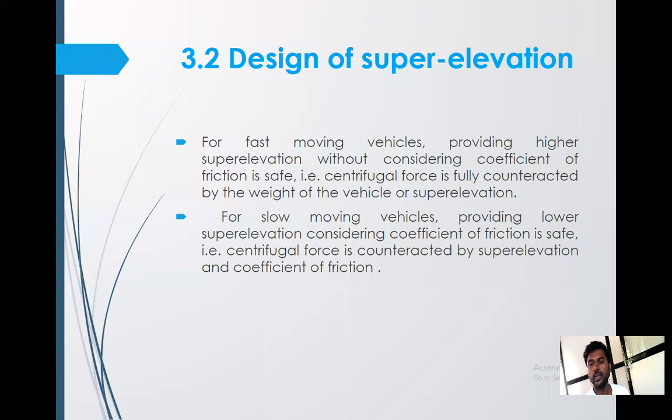For the fast moving vehicle, the centrifugal force is fully counteracted by the weight of the vehicle, that is, by the super elevation. So for the fast moving vehicle we consider F as 0, and for the slow moving vehicle we consider both F as well as E.